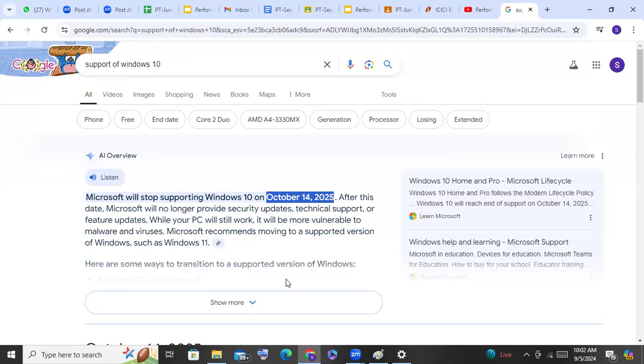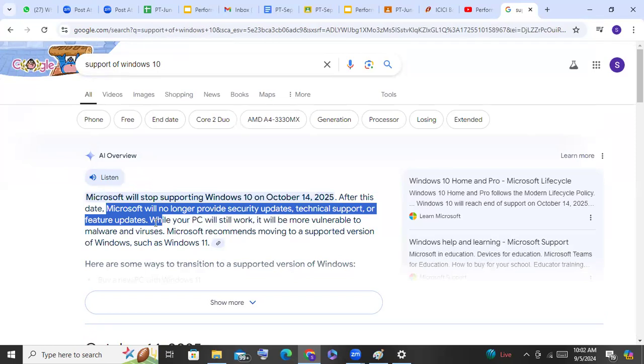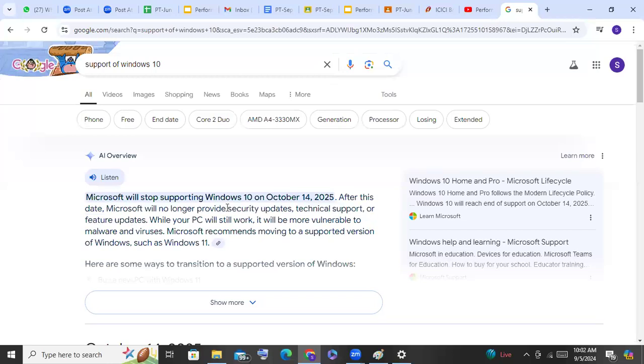What do you mean by support? Support means the very important thing, the security updates. Microsoft would not provide any further security updates.